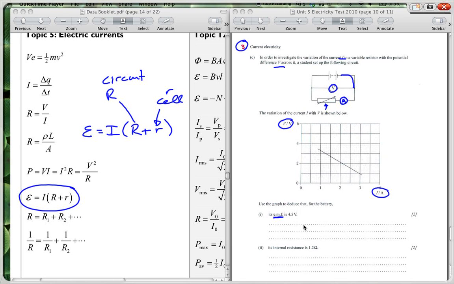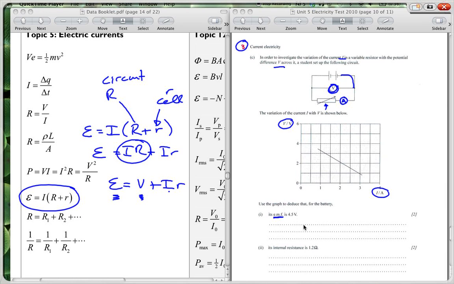Now if I multiply this bracket out, I'm going to get IR plus I small r. Now this IR over here is actually what your voltmeter is going to read. So I could rewrite this as E is equal to V plus Ir. Looking at that, we see that our EMF is going to equal our V when I is 0.